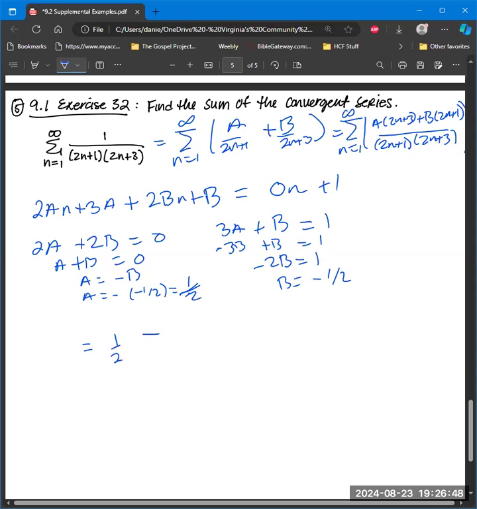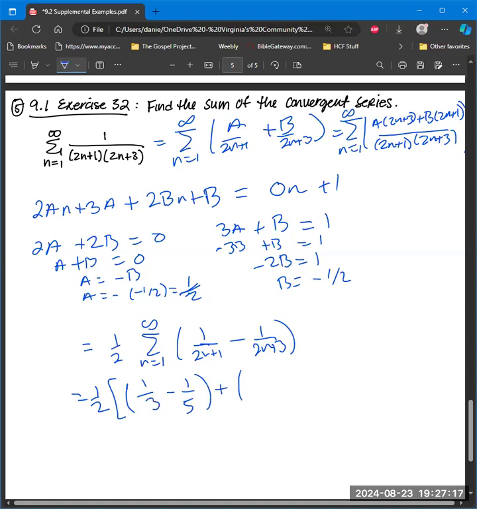So this is 1/2 times the sum from n equals 1 to infinity of 1 over 2n plus 1 minus 1 over 2n plus 3. And that's going to be 1/2 times, and starting with 1, 2 plus 1 is 3, 2 plus 3 is 5, plus 2 times 2 is 4, plus 1 is 5, minus 4 plus 3 is 7.